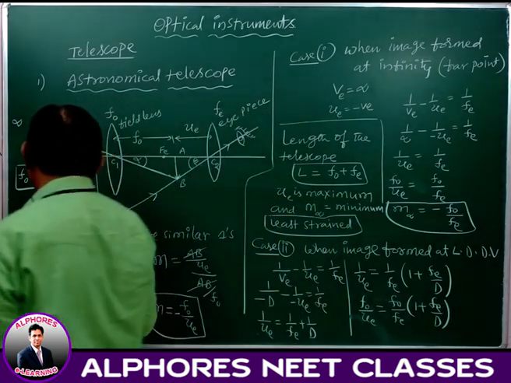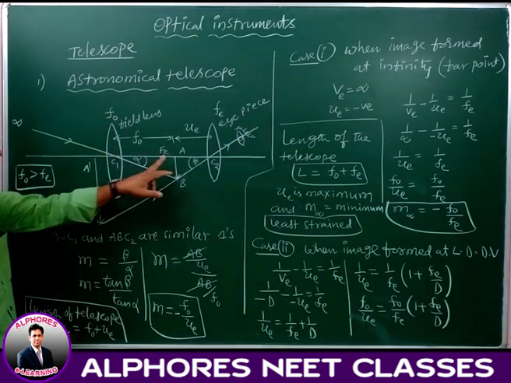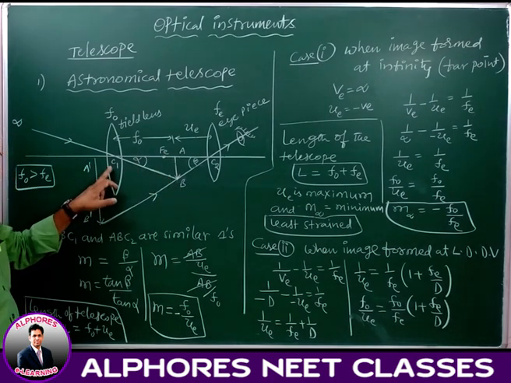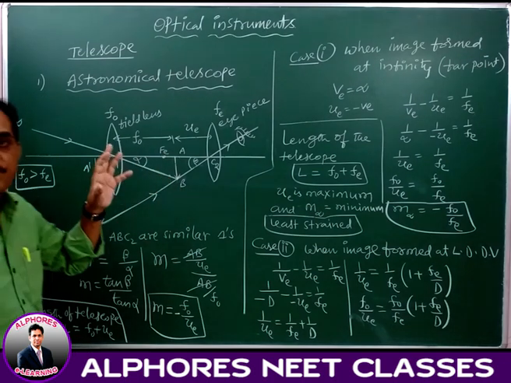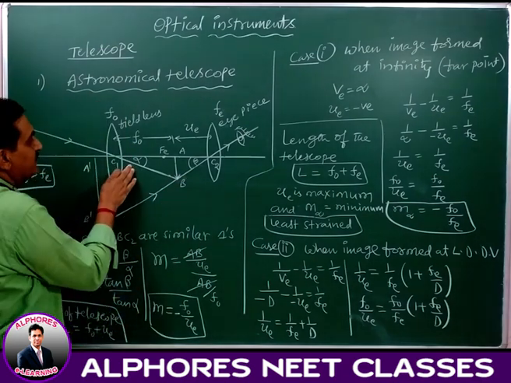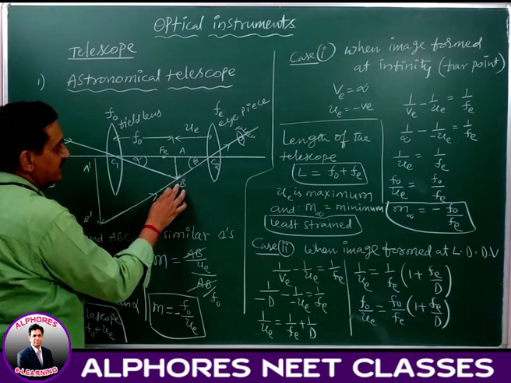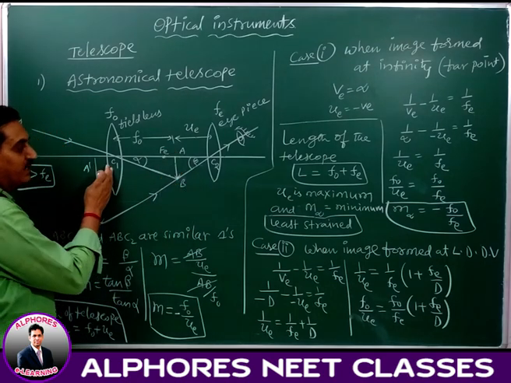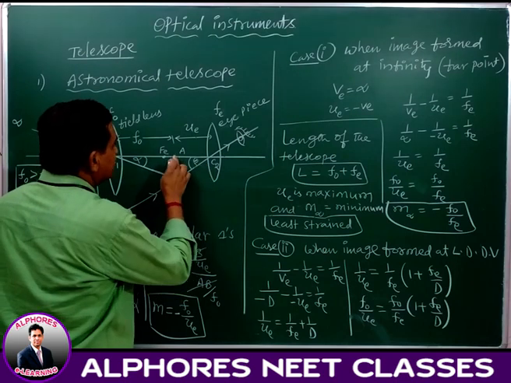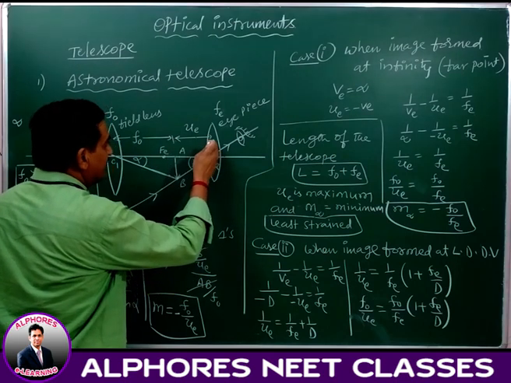A dash B dash is the virtual image of this AB, which is formed by the objective lens or the field lens. Right? See here, the object is at infinity and it is forming AB as the first image by the field lens, and finally, this is at a distance of, suppose, UE from the eyepiece.